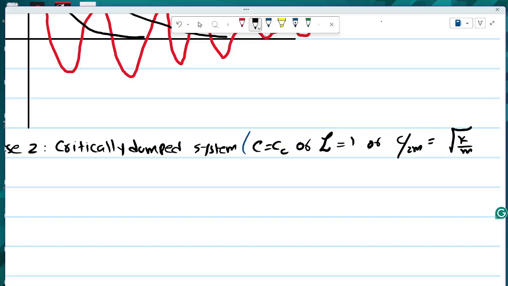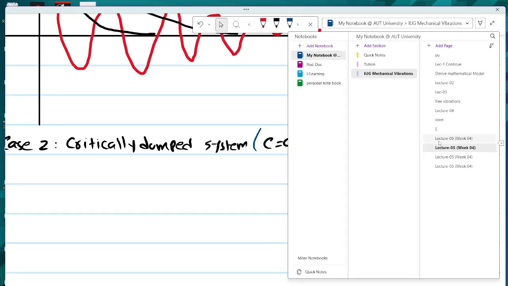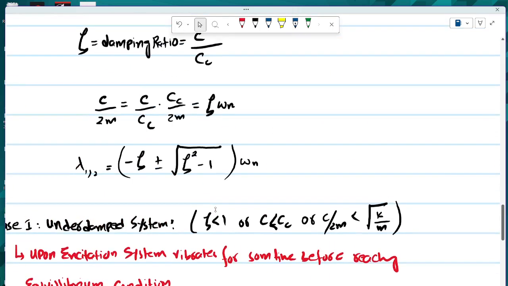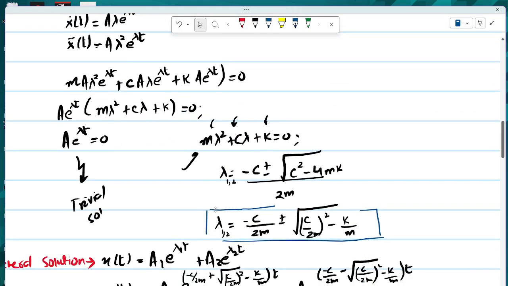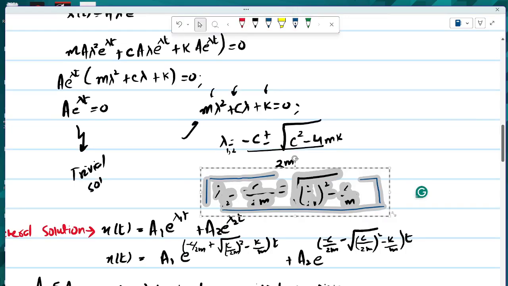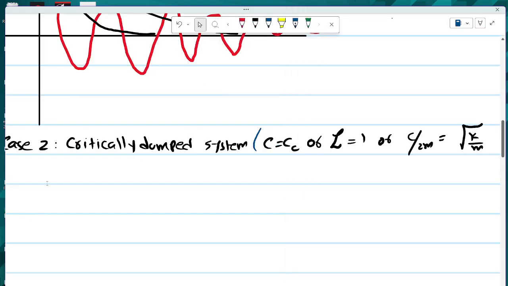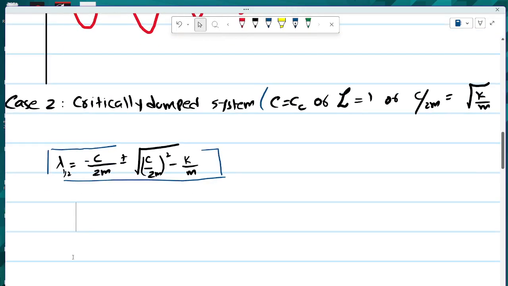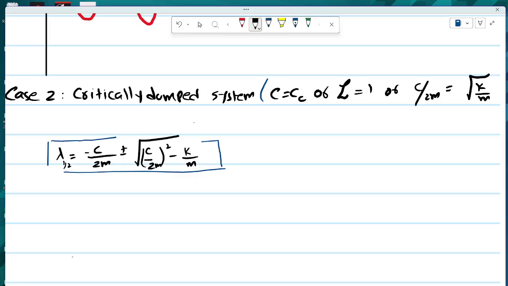So in that case, because we know what the general roots of our system were, I'm just going to rewrite this one. If C over 2m becomes equal to root k over m, then this whole part would be equal to 0.